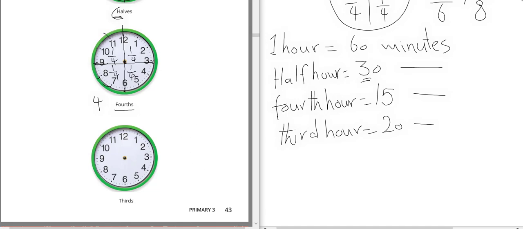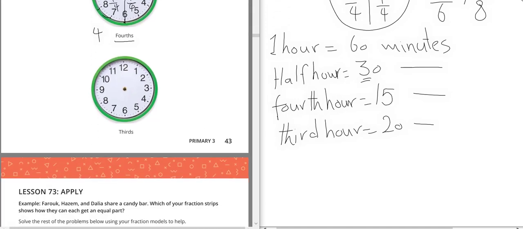The third one, into thirds. How many thirds in one circle? 3 thirds. Okay, we know that third hour equals 20 minutes. So count 20 minutes from 12 to 1, 5, 10, 15, 20. So from 12 to 4, it's third hour.